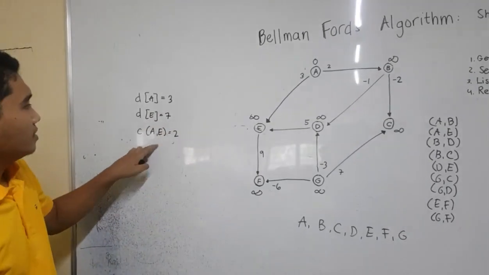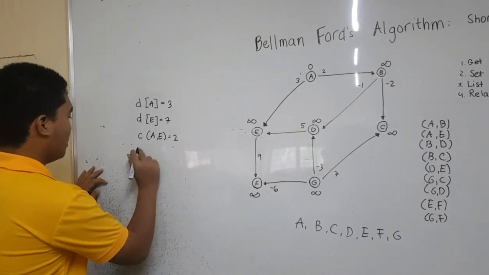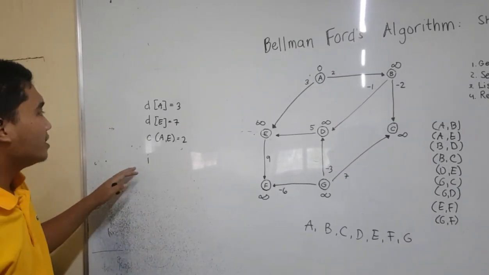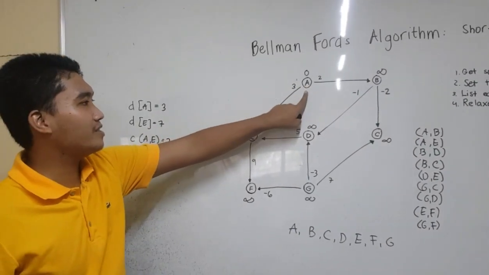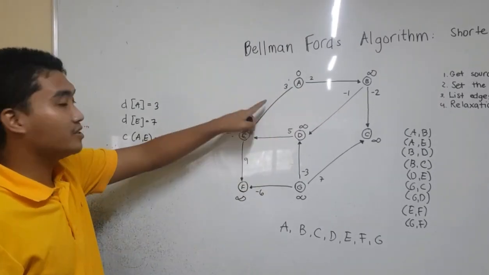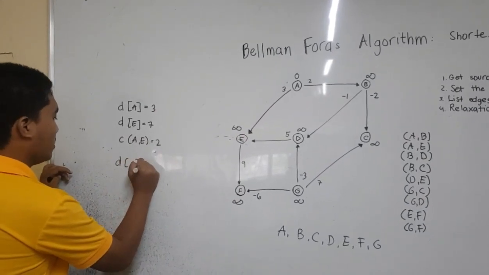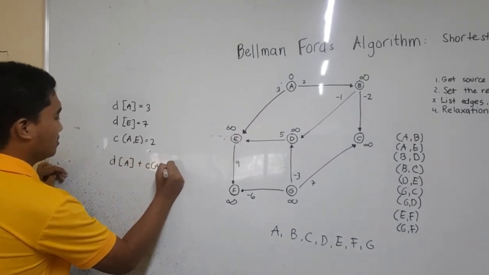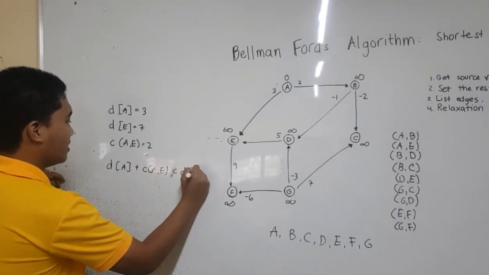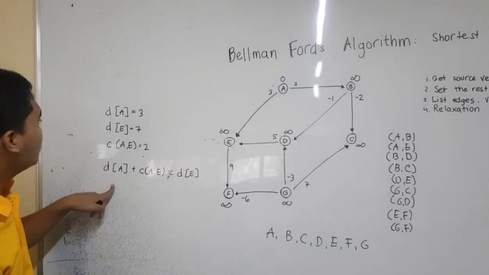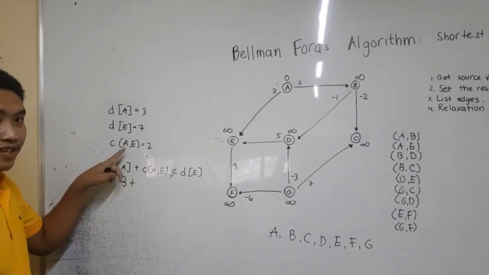In order to relax this vertex, we find the sum of the distance of the vertex that is pointing to it, the distance of vertex A, and the cost of the edge A to E. So d(A) plus c(A,E) should be less than d(E). For example, the distance of A is 3 and the distance of the edge is 2.